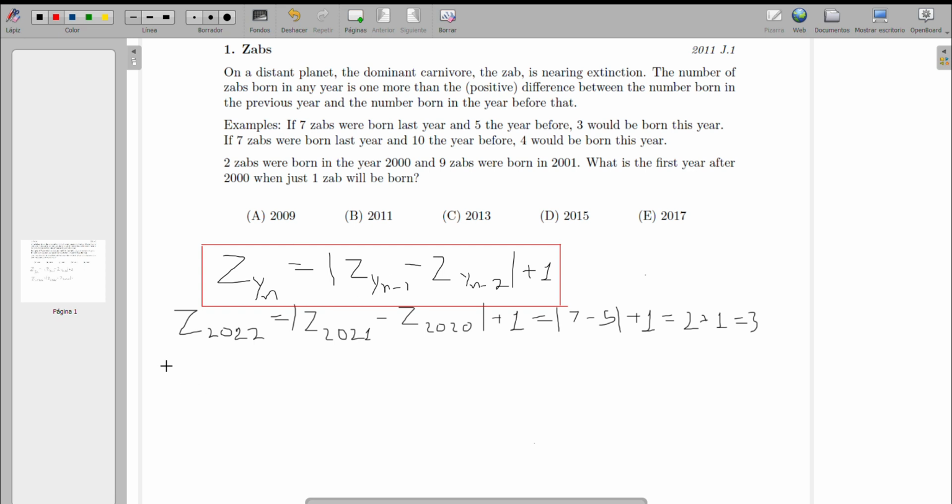So let's start with sabs born in year 2002.